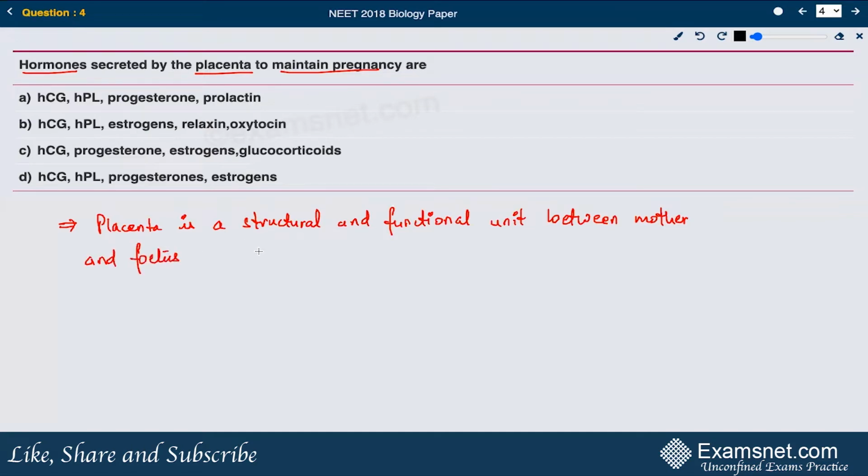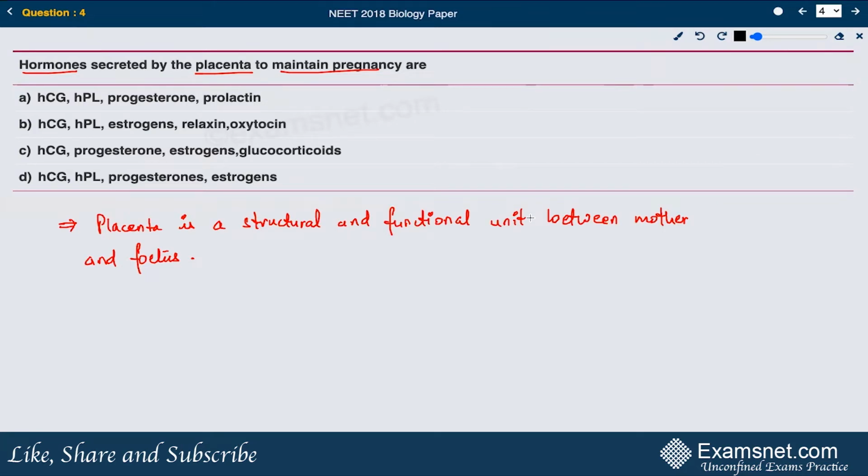Why structural and functional unit? Because this is primarily responsible for exchange of nutrients, gases, and all those things between the mother and the fetus. The main function is this, that it is basically responsible for exchanging the nutrients and gases between the mother and the fetus.